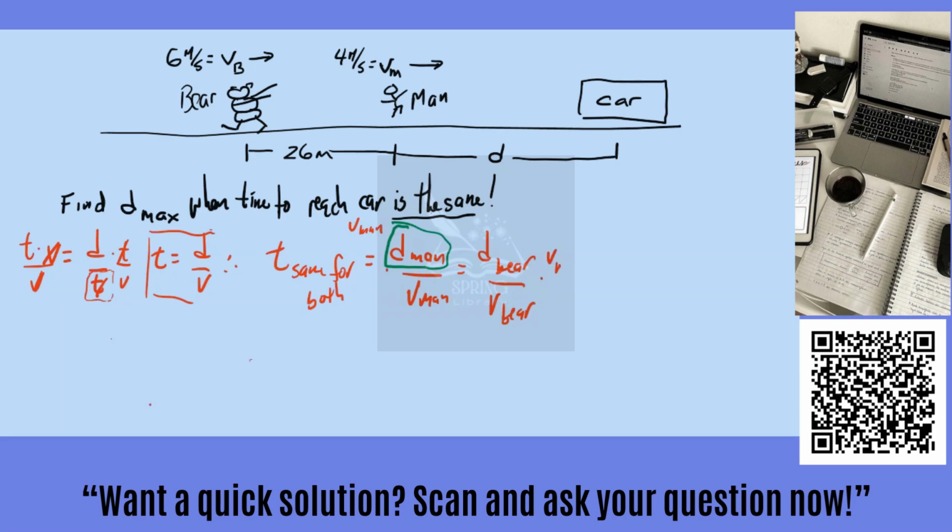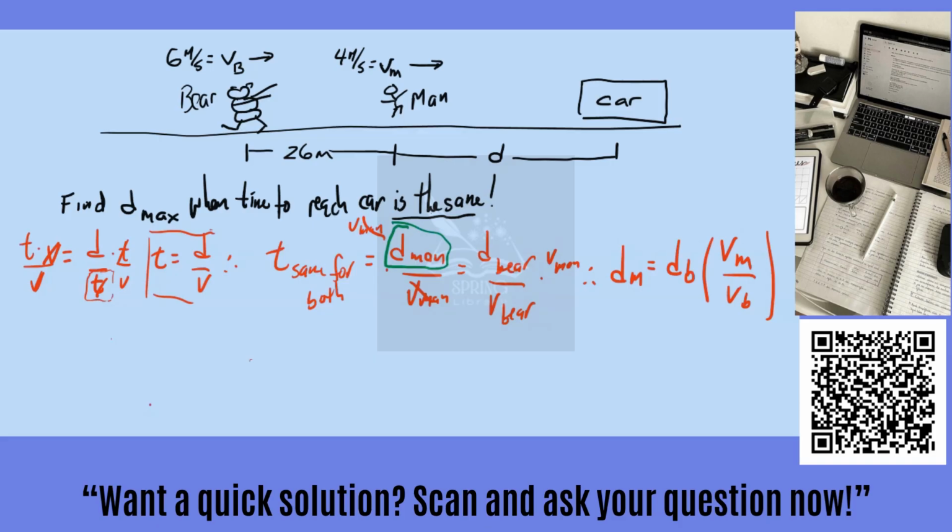And that is going to cancel over here, so I end up with the distance of the man is equal to the distance of the bear multiplied by the ratio of their velocities: the velocity of the man divided by the velocity of the bear. Okay, if you followed me to this point, we can go ahead and now substitute the numbers in.